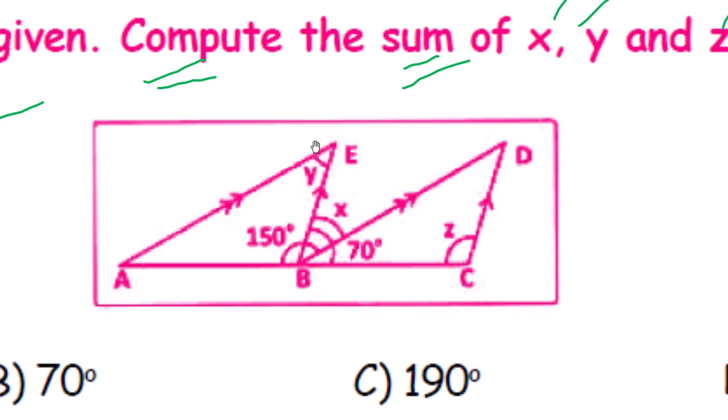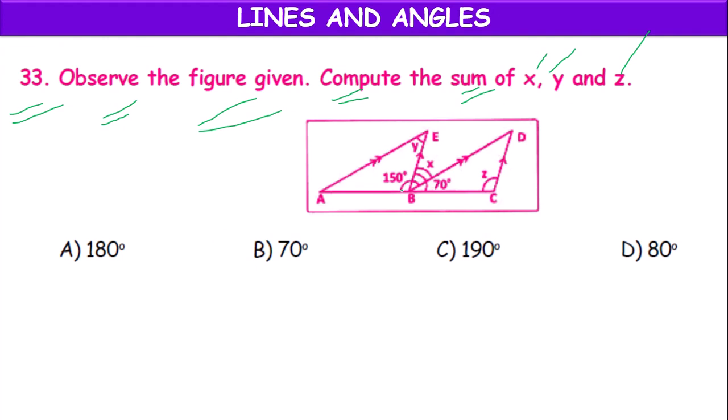So AE is parallel to BD, and BE is parallel to CD. Here angle 150 degrees is given, this total part 150, this total part 70, this single part x. This total part is 150.